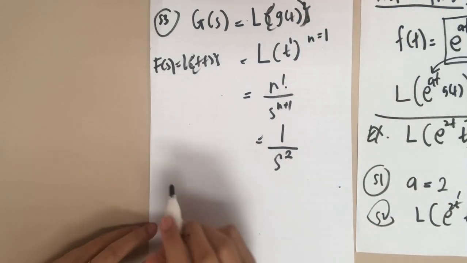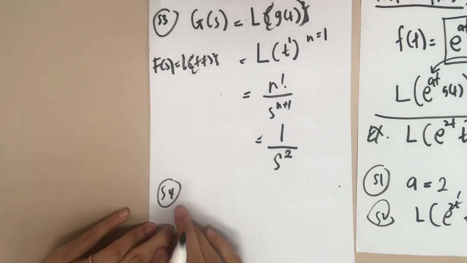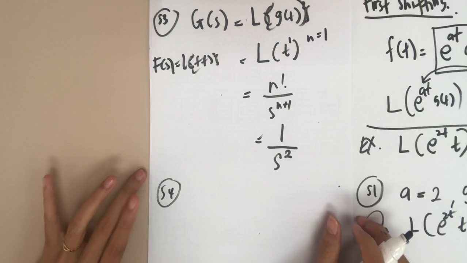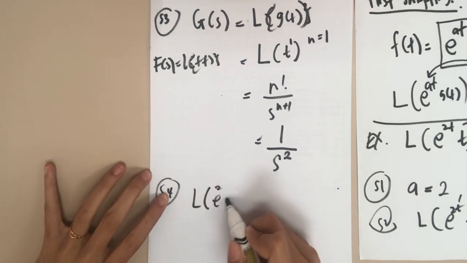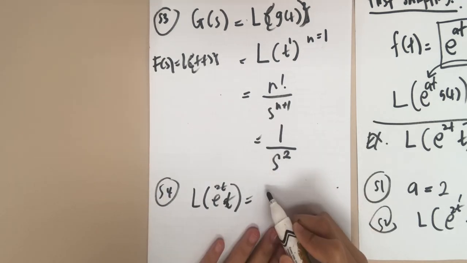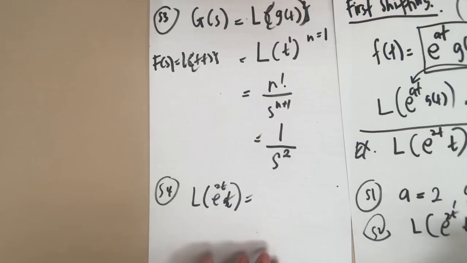Step number 4 is our last step, and our answer belongs to this step. You just write back your question, e to the 2t times t, and we know that our final answer must be in terms of G(s minus 2).